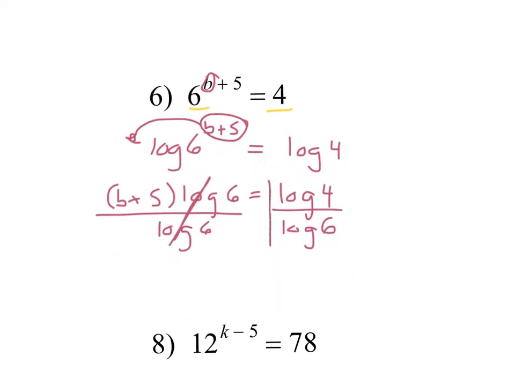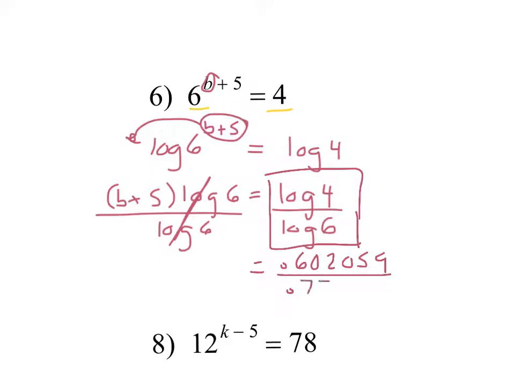And now we need to put this into our calculator. So first I need to find the log of 4, which is 0.602059. And then I'm going to find the log of 6, which is 0.77815.